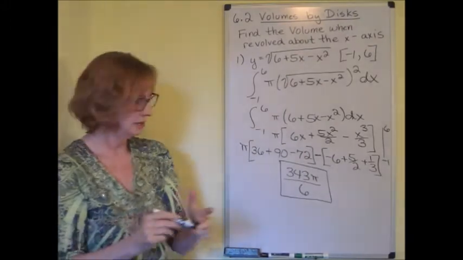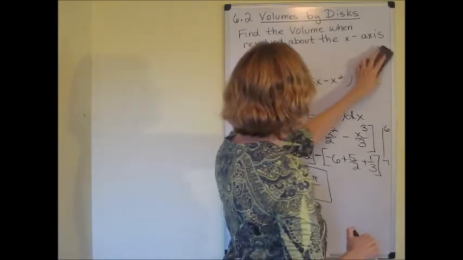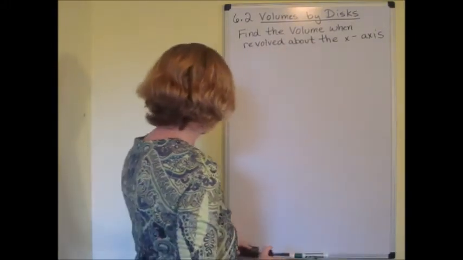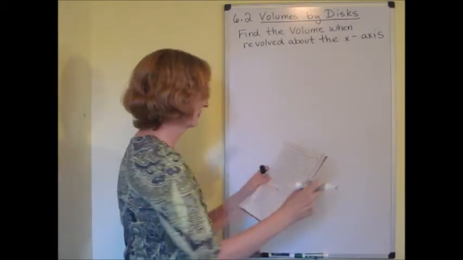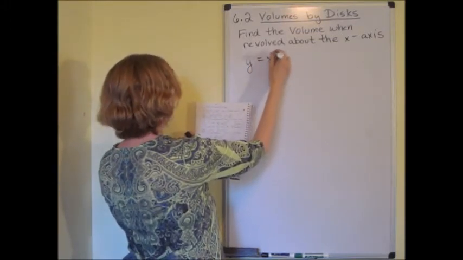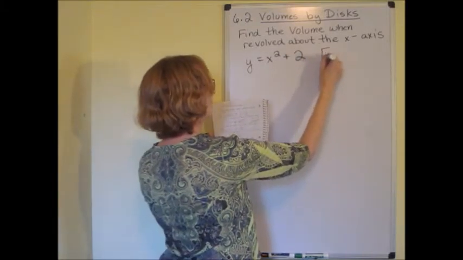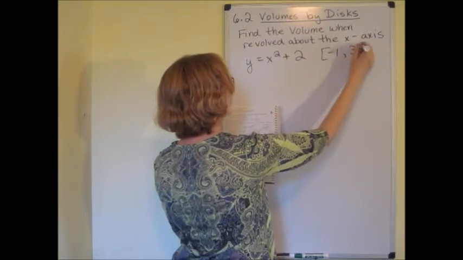So let's try another one. Again, around the x-axis. So here I have y is equal to x squared plus 2, and we're going to go from -1 for x to 3 for the x.